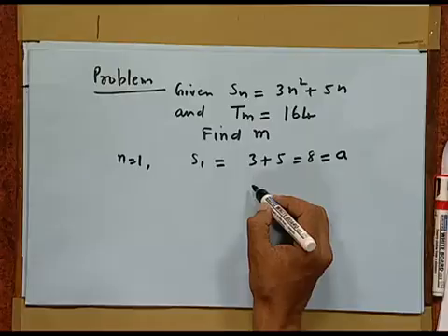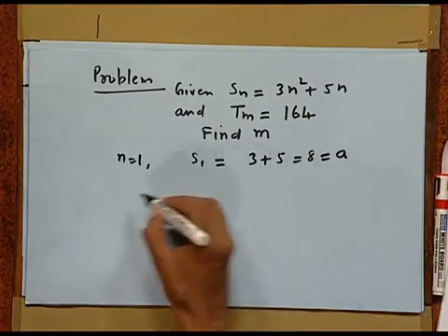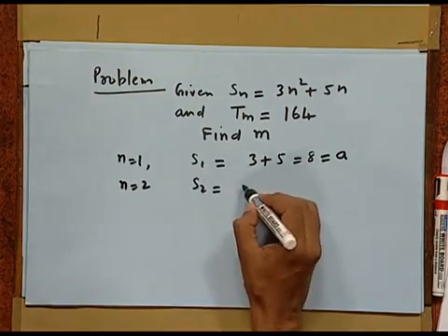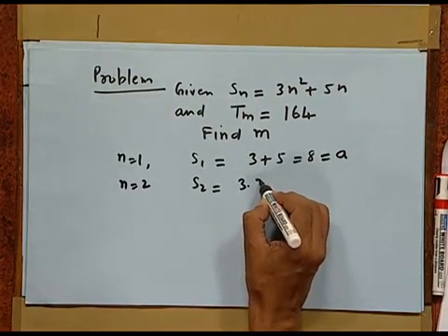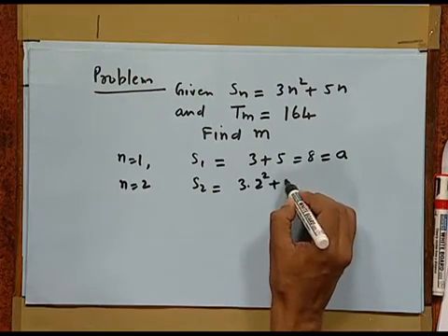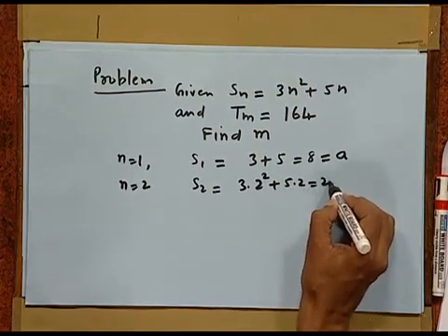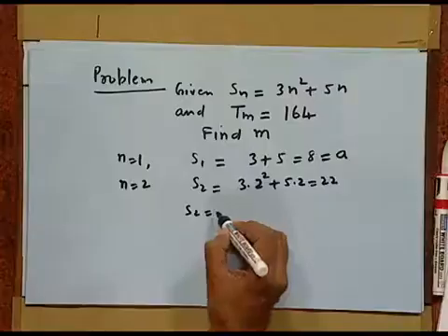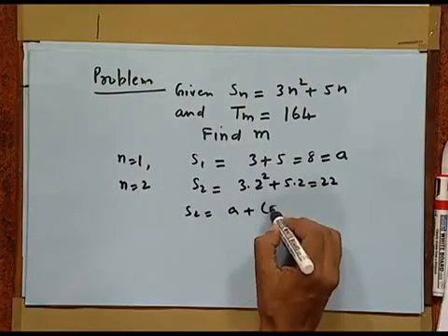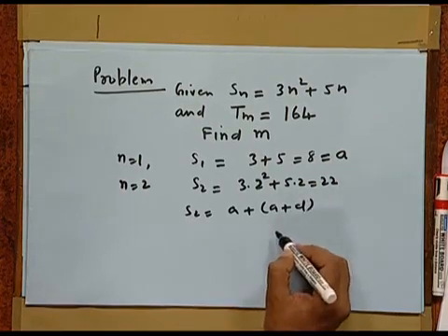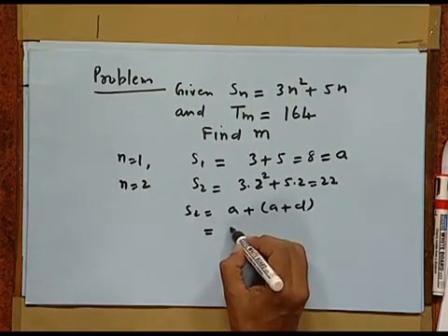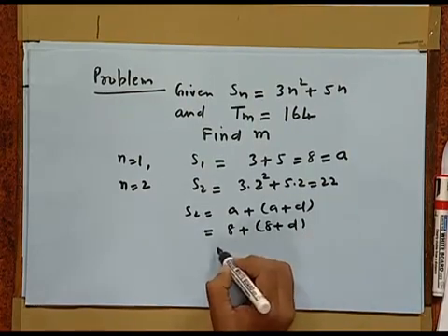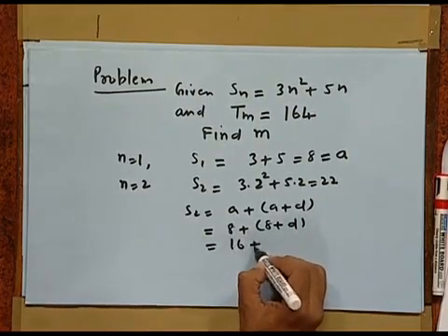So we got the value of a as 8. We put n is 2. We get S2 is equal to 3 times 2 squared plus 5 times 2, that is 22. But S2 is actually first term plus second term, that is 8 plus 8 plus d, that is 16 plus d.